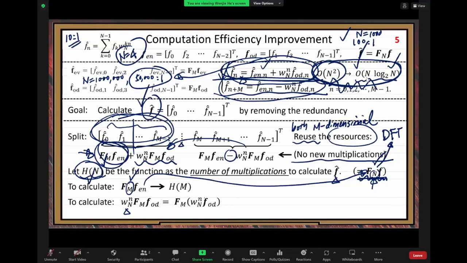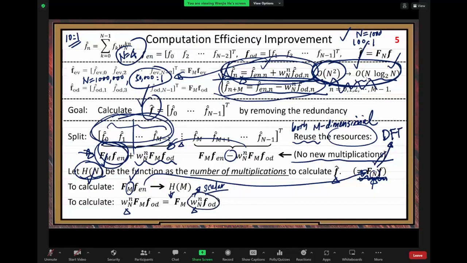Because this is a scalar, just one number, if we multiply it here, is it equivalent to multiplying inside this vector first, to get a new vector?